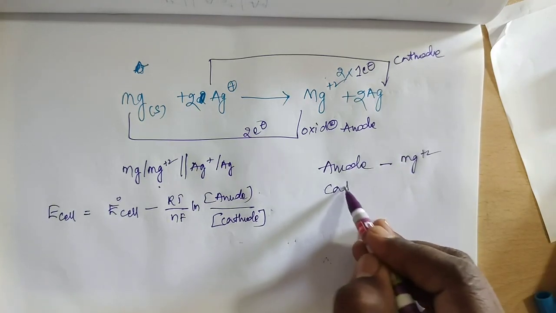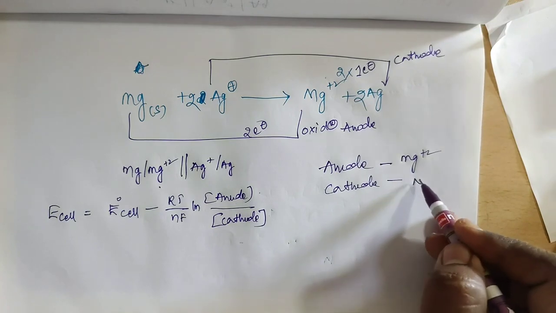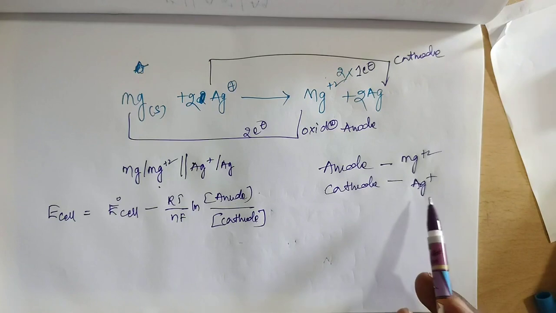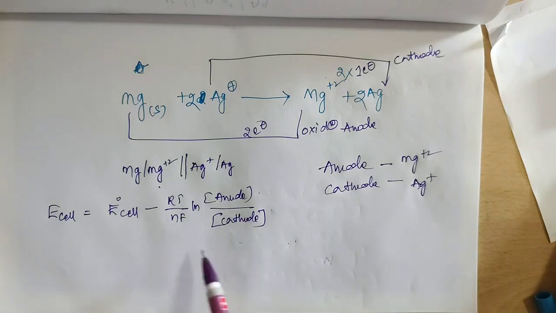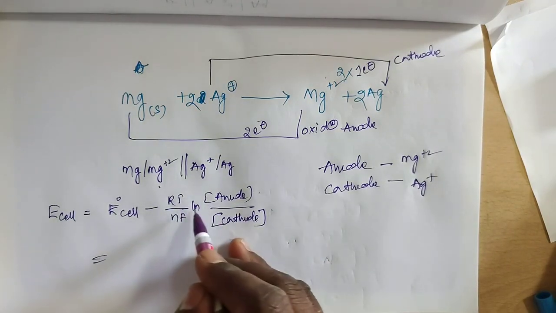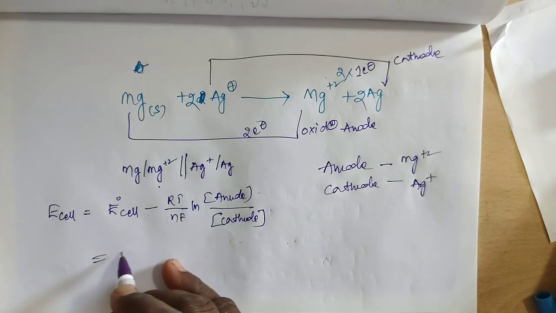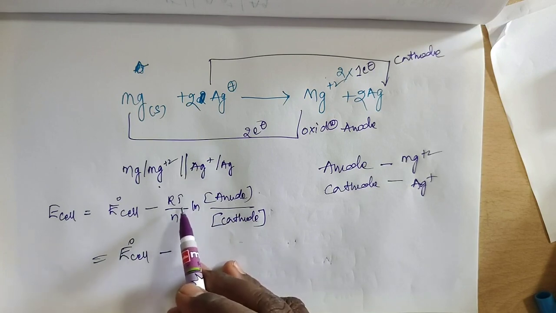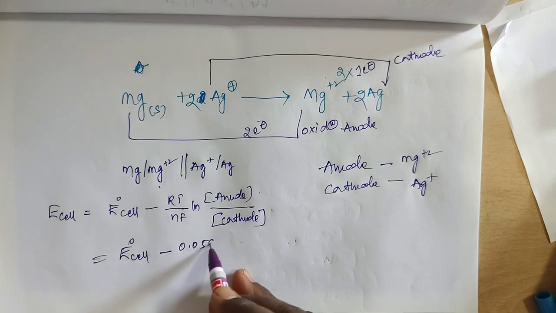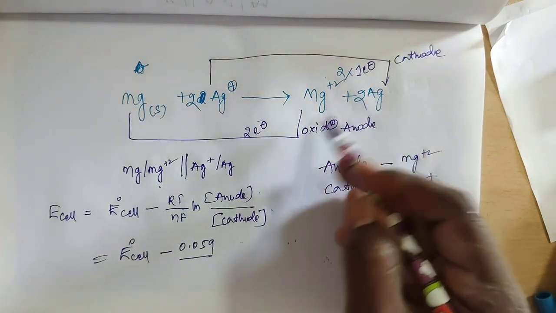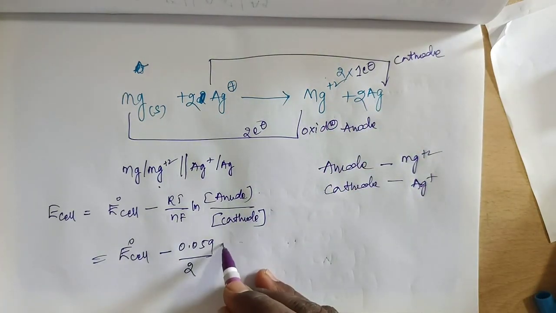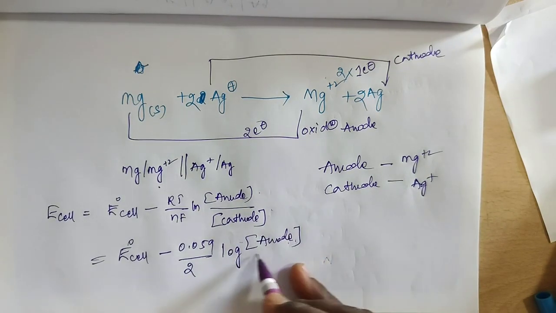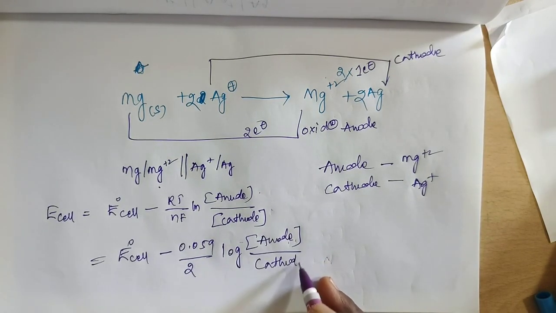What is the cathode ion? Cathode ion is Ag plus. So you substitute the anode ion and cathode ion. And also you remove the log and RT by nF values: E cell equal to E naught cell minus, at 298 Kelvin temperature, 0.059 by how many electrons you utilized, 2 electrons, so 2 log of anode concentration by cathode concentration.